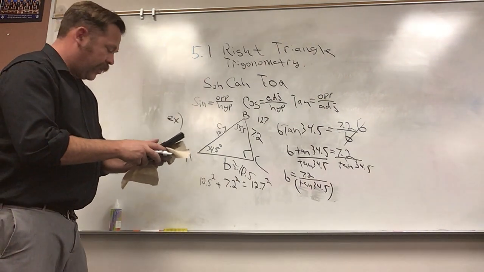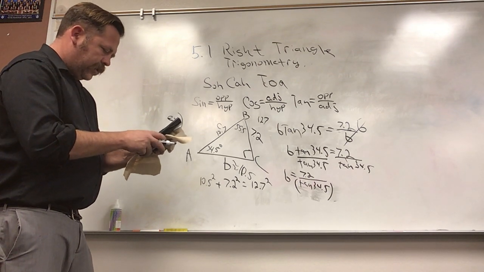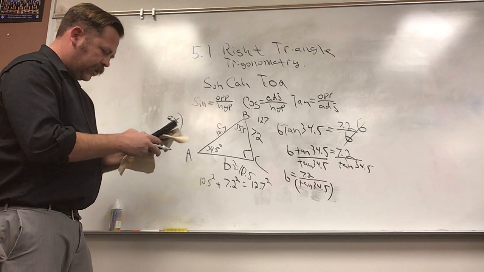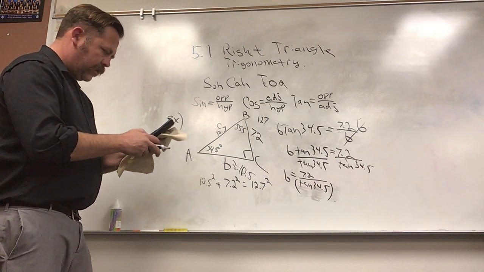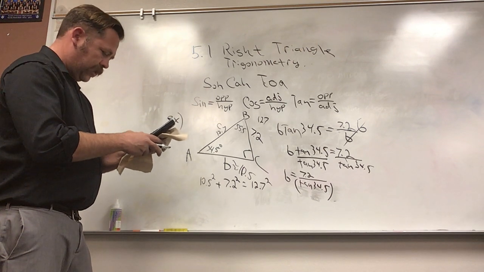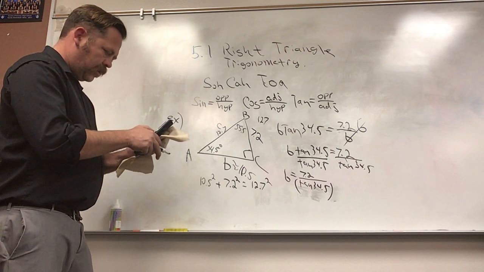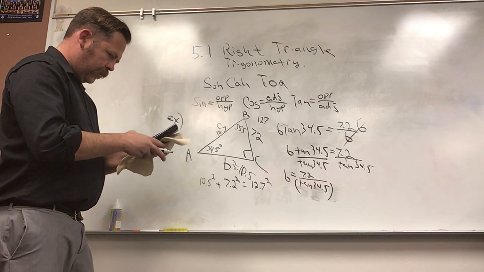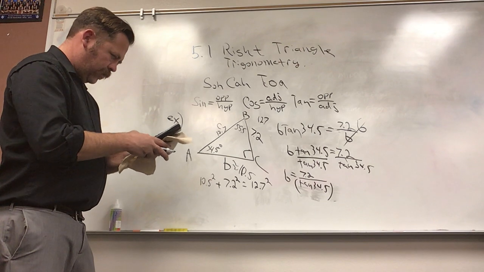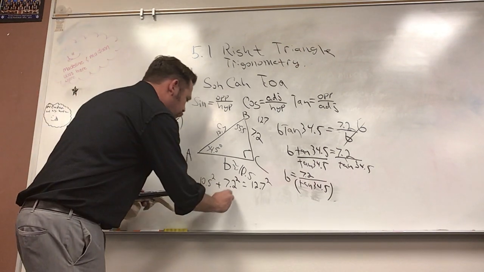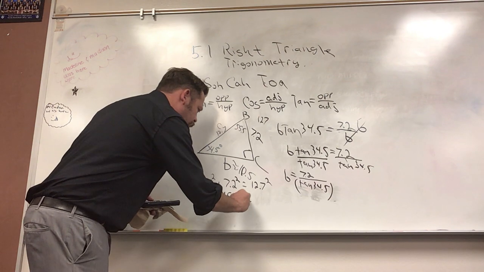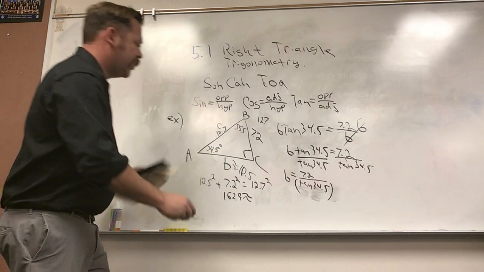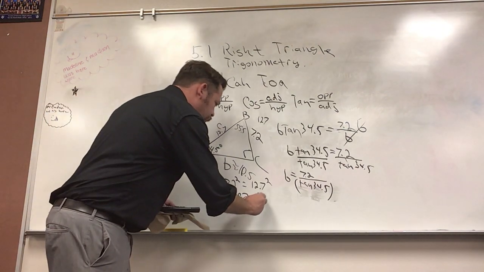I'm going to plug that into my calculator. 10.5 squared plus 7.2 squared equals 162.9, and 12.7 squared equals 161.29.